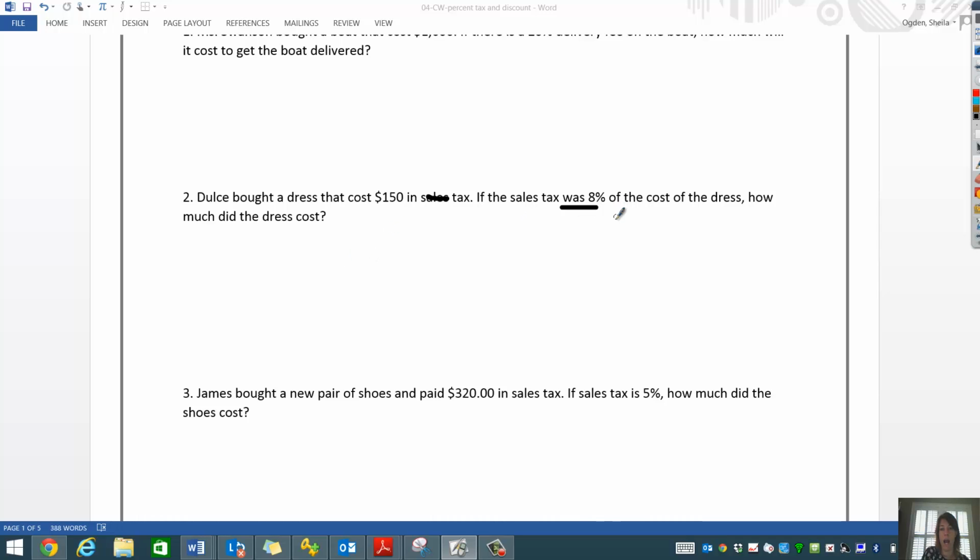So now I have 8%, and this is trickier because 8 out of 100 as a decimal, 8 hundredths, is 0.08. So if I want to find 150 times 8 hundredths, I can't drop that 0 because it's a place value holder.